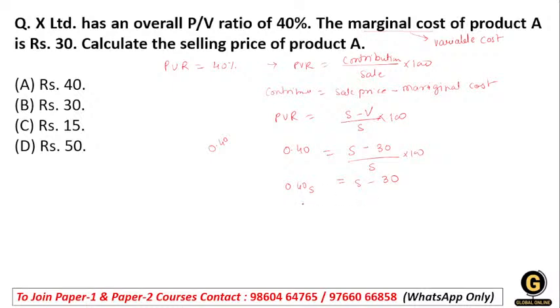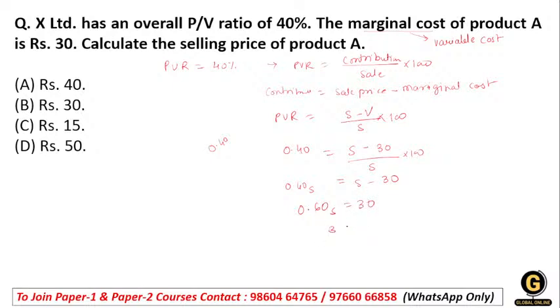And there you will get 100. So this is your 40, this is going to be over here. So what happened, here you can see your value will be 0.60 s, and it is equal to 30.